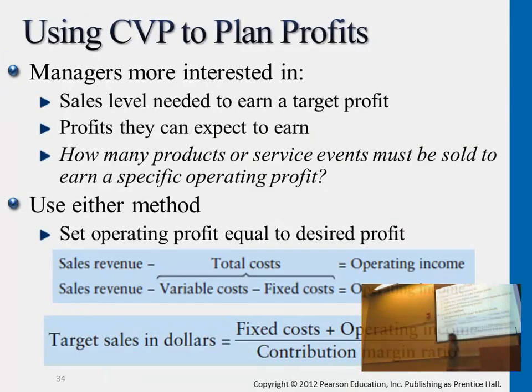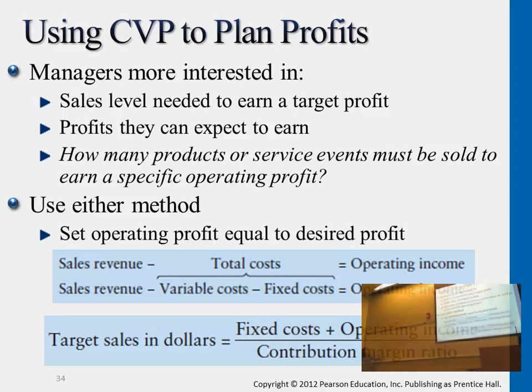So now the only difference between what we're trying to discuss here and earlier is that earlier we set the operating income as 0. That's the break-even point. Now, if the problem tells you the manager has a plan to get 1,000 operating income, or 10,000, or 100,000, then what is the contribution margin that we need in order to reach the target sales? Or what is the target sales we want to get if we have a fixed contribution margin ratio already?